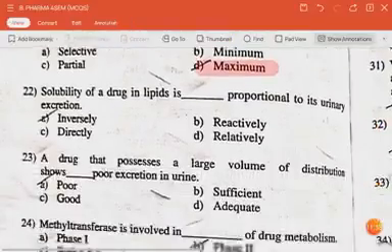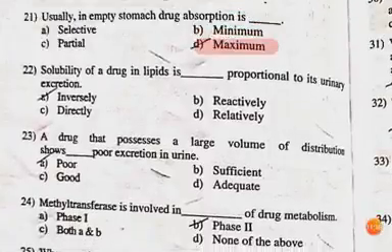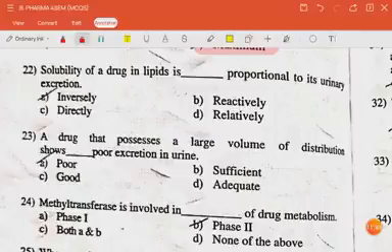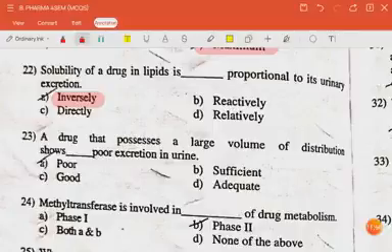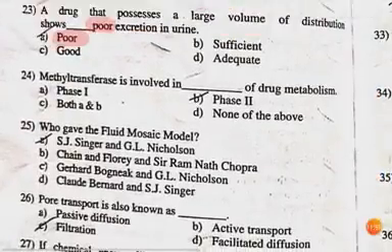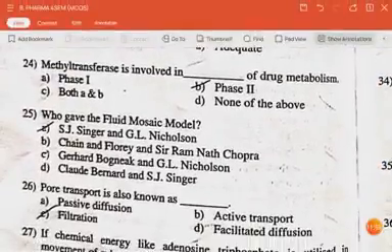The next question is, solubility of a drug in lipids is dash proportional to its urinary excretion. Inversely. The next question is, a drug that possesses a large volume of distribution shows dash excretion in urine. The answer is poor.